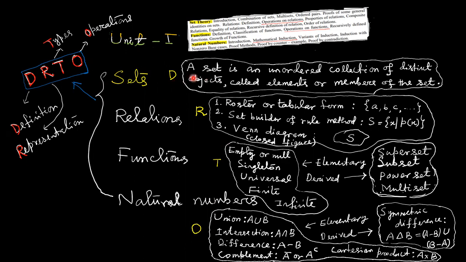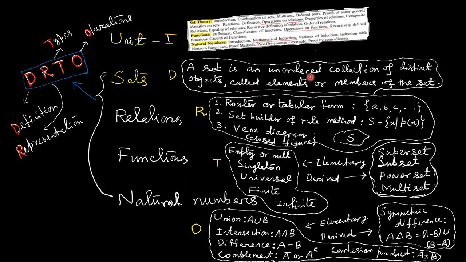A set is an unordered collection of distinct objects called elements or members of the set. There are certain important terms here: one is a collection, and it's an unordered collection, and then distinct objects.